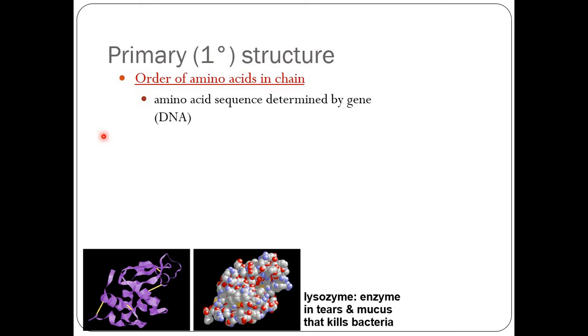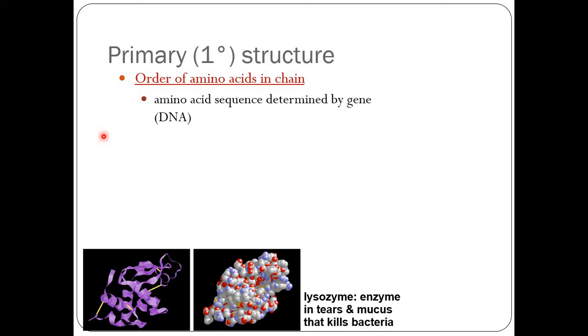So as you know, natay 20 ka amino acids, di ba? So 20 common amino acids katong alanine, valine, kato sila. So kung unsa ang order sa amino acids, that is the primary structure. A protein is a polymer of amino acids.